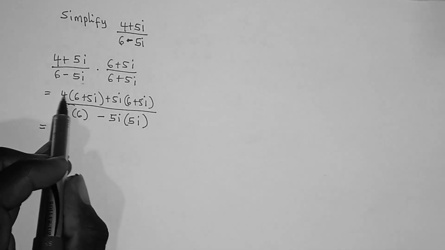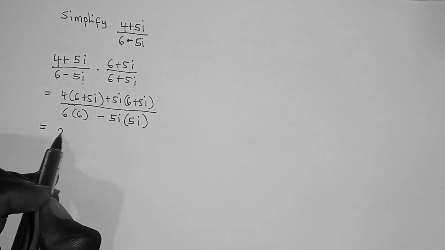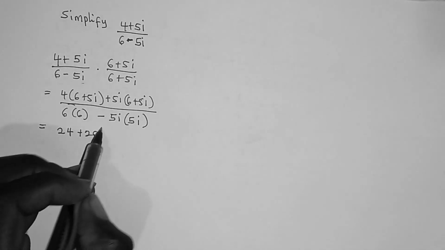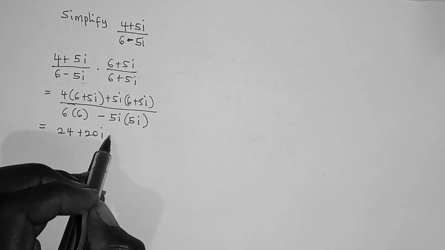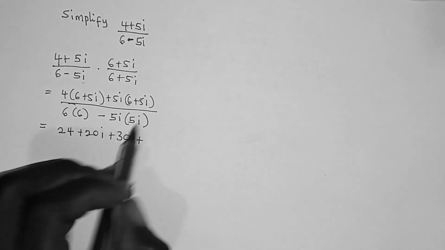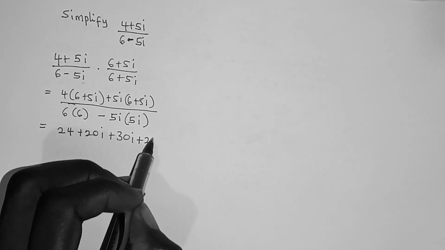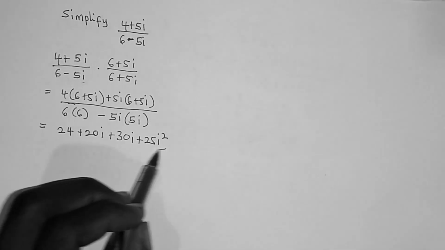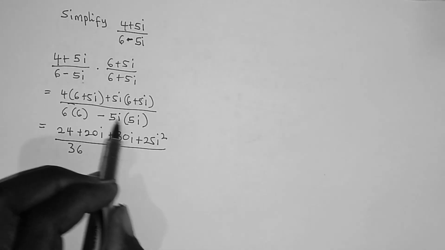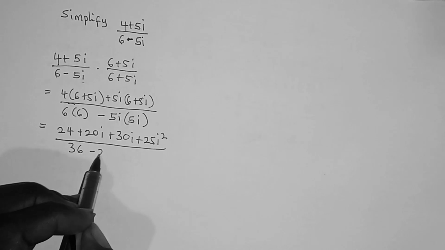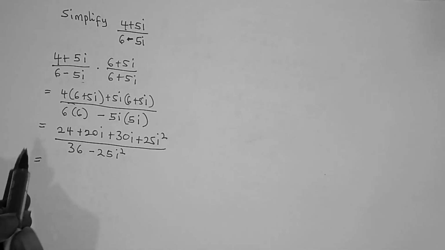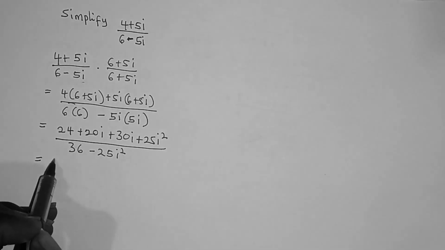And this is equal to 6 times 4 times 6 is 24. Then plus 4 times 5 is 20i. And plus 5i times 6 is 30i. Then plus 5i times 5i is 25i squared. Divided by 6 times 6 is 36. Then minus 5i times 5i is minus 25i squared. And this is equal to 24.